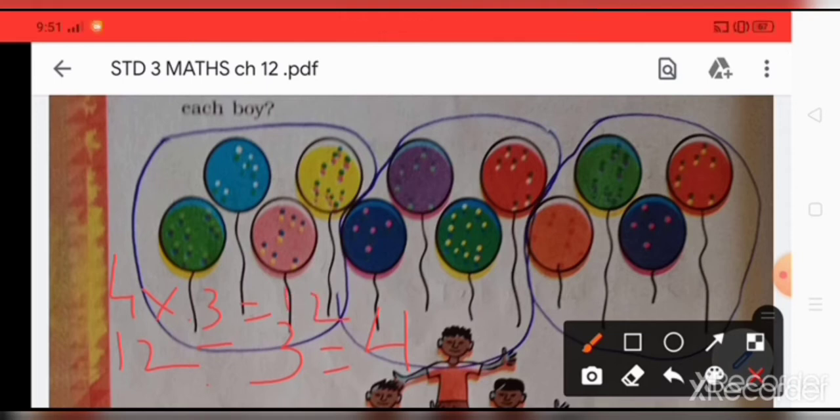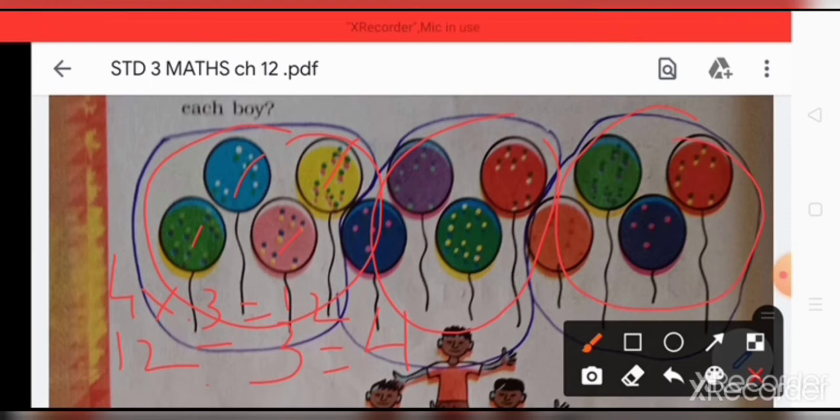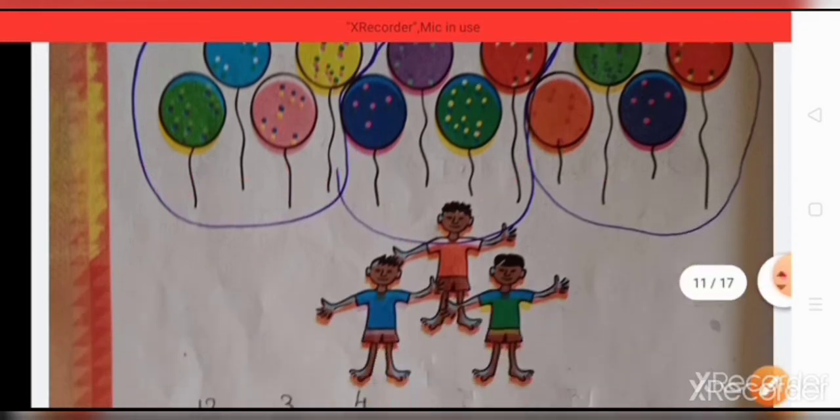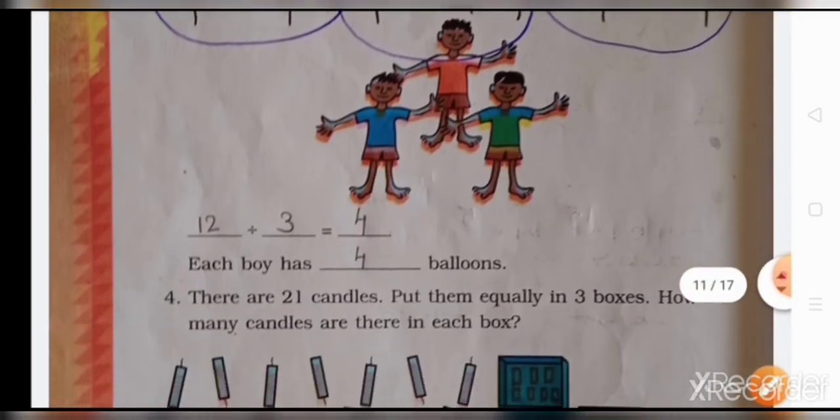Then how many balloons is one boy getting? 1, 2, 3, 4. 4 balloons. This is first group, second group and third group. That means 12 divided by 3 is equal to 4. Each boy has 4 balloons.